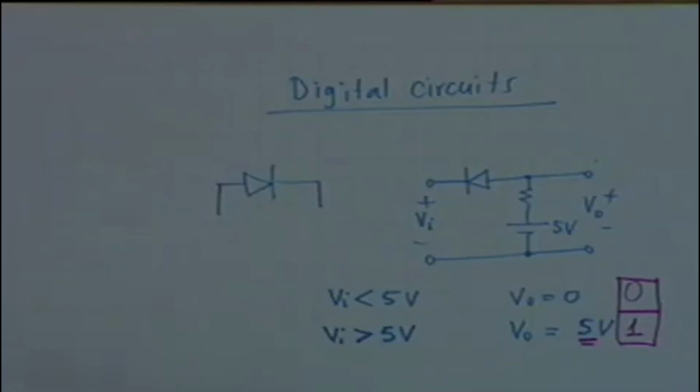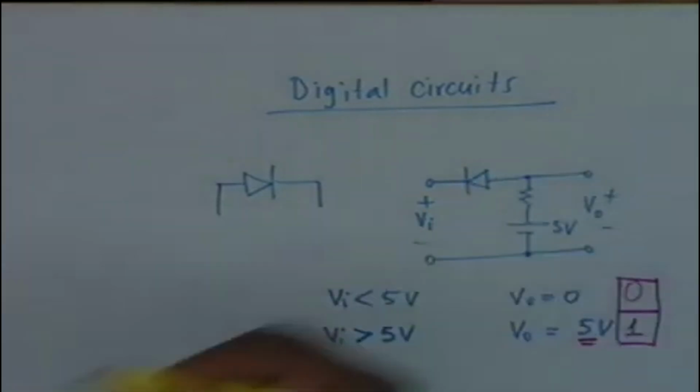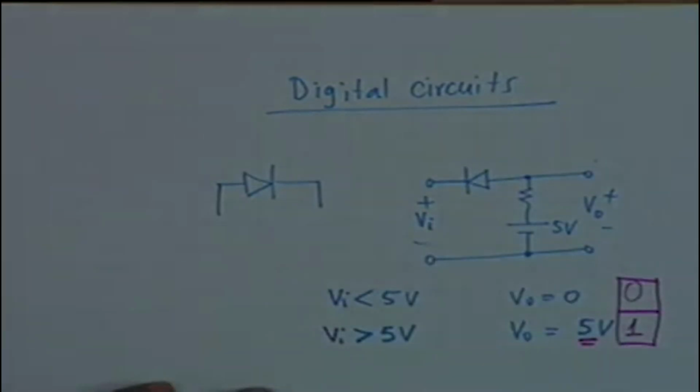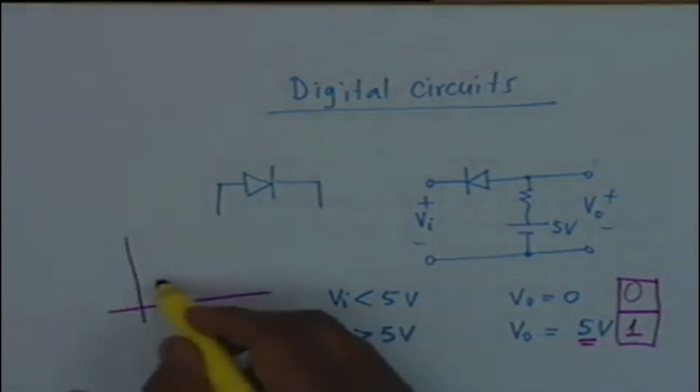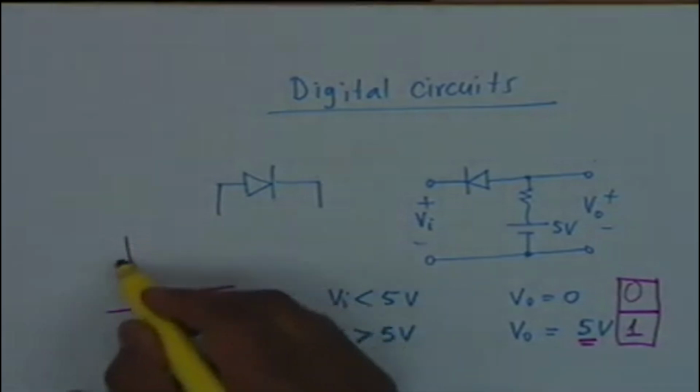Now this 5 volt, for example, could be 4.9. There may be a small current in the reverse bias diode, it does not matter. 4.8, that will also be considered as logical 1.